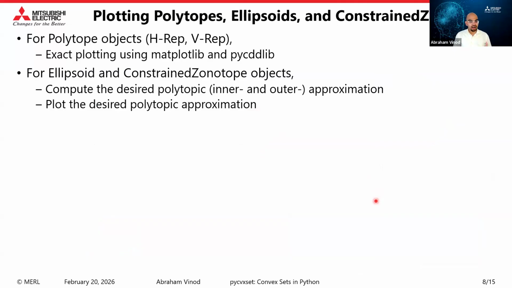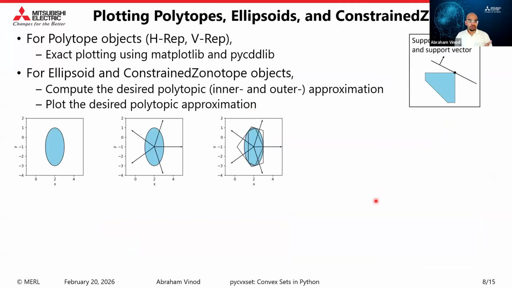And finally, to plot these sets, for H-rep, I can actually use matplotlib and pycddlib to plot them. For ellipsoids and constrained zonotopes, I use the support functions. So naturally, if you recall from the convex optimization classes, any convex set can be approximated to an arbitrary accuracy as a polytope.